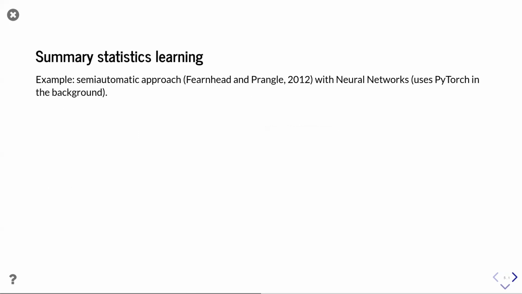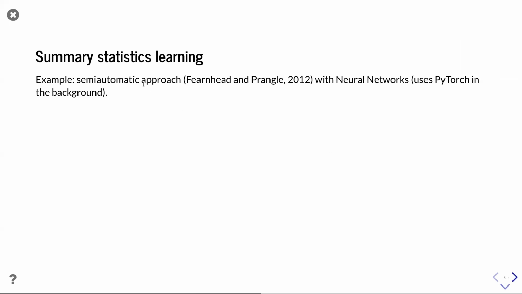Cool. So now I will have a look at another very useful feature of the ABCpy library, which is learning summary statistics. In this example, I will use the semi-automatic approach by Fearnhead and Prangle 2012, which is widely used. And I will use neural networks to learn the summary statistics.